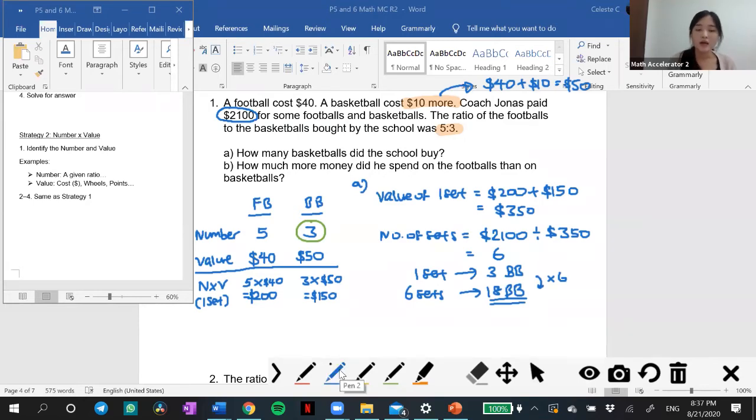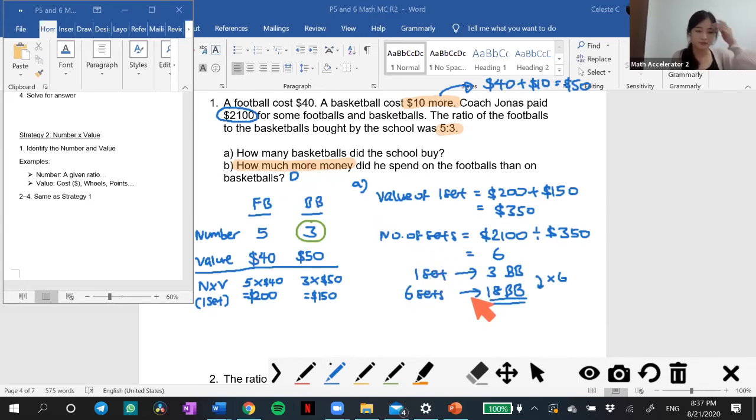Okay, part B. How much more money did he spend on footballs than on basketballs? Can you highlight how much more money? So they're asking you for what? Starts with a D. How much more money? What's the word here?